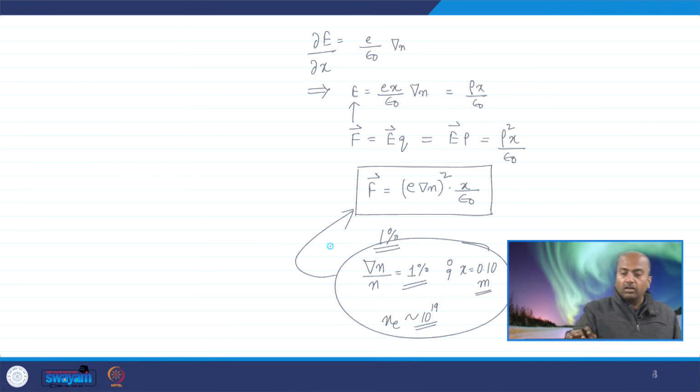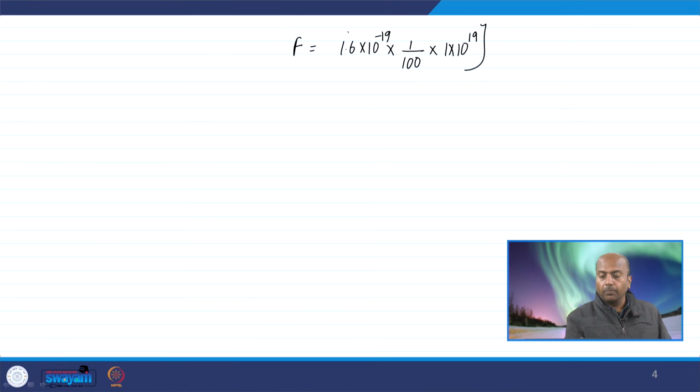So, the force will be 1.6 times 10 to the power of minus 19, which is the charge of electron, multiplied by 1 by 100 into 1 times 10 to the power of 19, times 0.1 meters divided by epsilon naught, 8.85 times 10 to the power of minus 12.